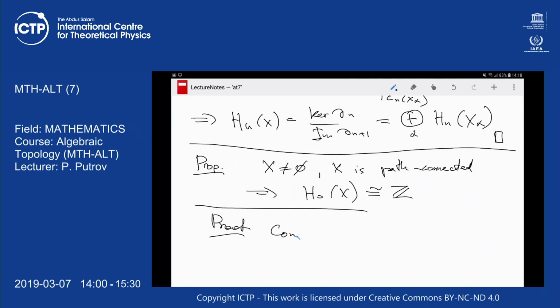Let me denote by epsilon the map from C0 of X to Z.